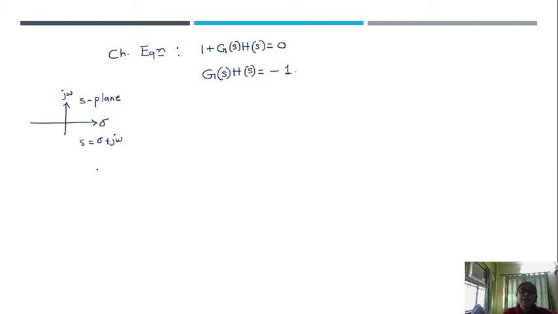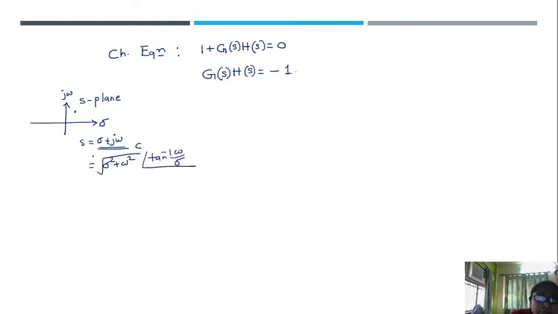Now in the complex plane, we know a point can be expressed in two ways. The way I have written is called Cartesian coordinates, and the other is called polar coordinates. In polar coordinates, it will be square root of sigma square plus omega square at an angle tan inverse omega by sigma.